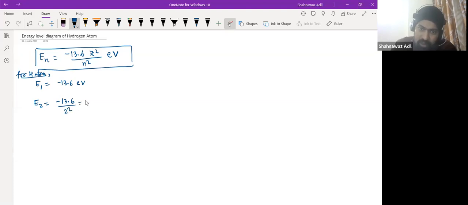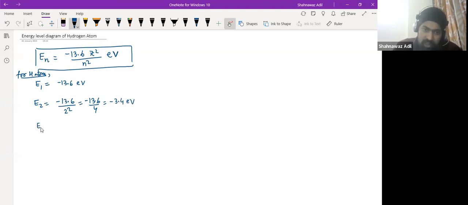So that would be minus 13.6 divided by 4, which is minus 3.4 electron volt.